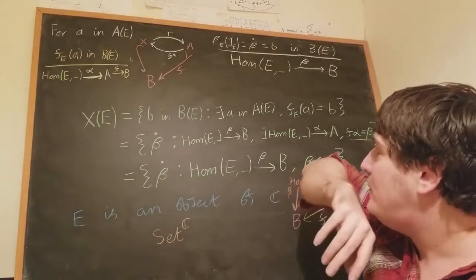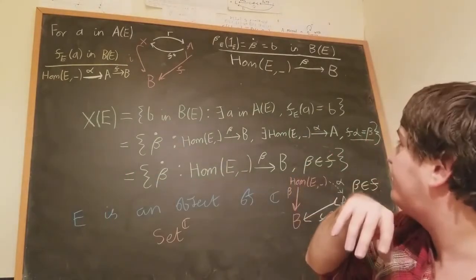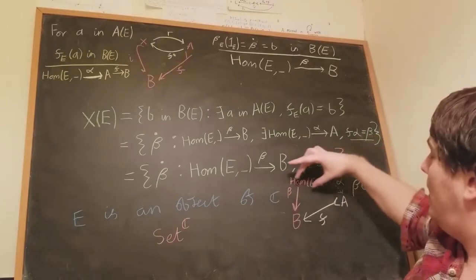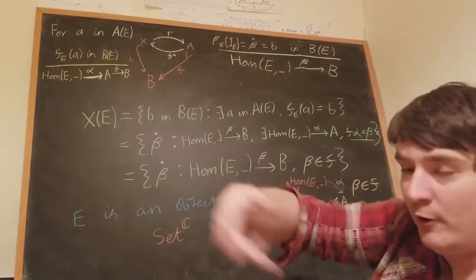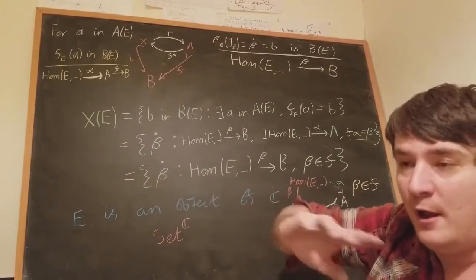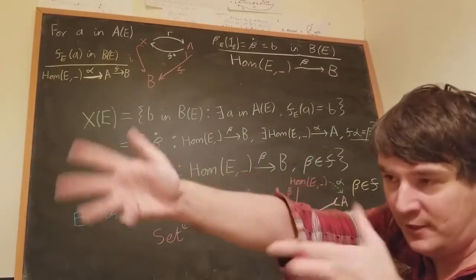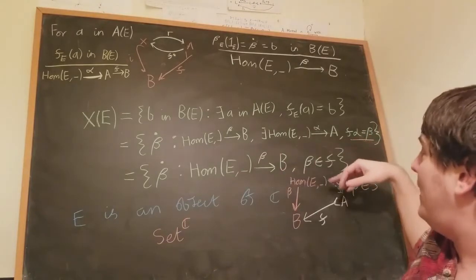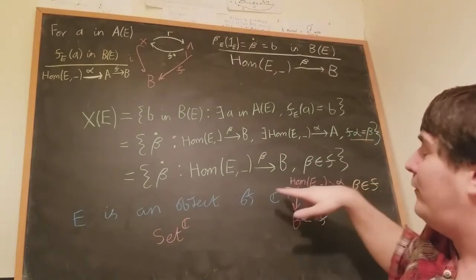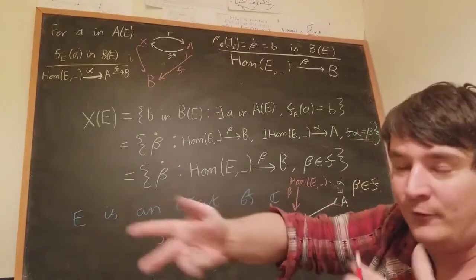Then if you take hom(E, -), let's say the hom functor corresponding to a single edge, and you want to work out whether an edge is actually in this subgraph, you can answer that in an arrow-centric way.